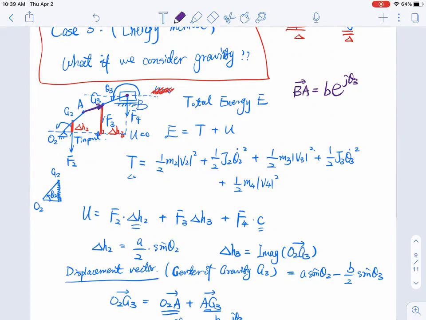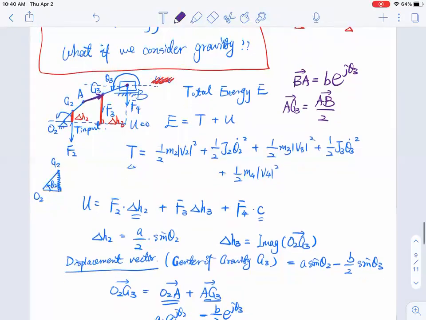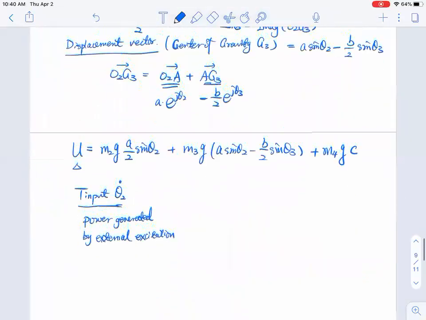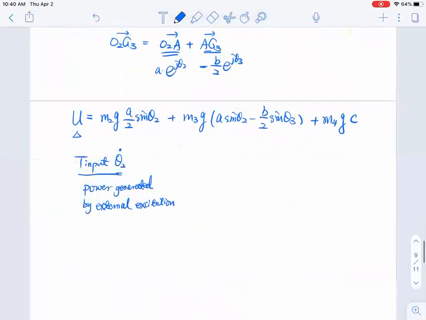And then if you look at the AG3 vector, it is half of the AB vector, right? Because your G3 is in the center. Okay, cool. So you have the freedom to choose a theta 3 in the future. So just pay attention. You have to keep in mind where your theta 3 is aligned.